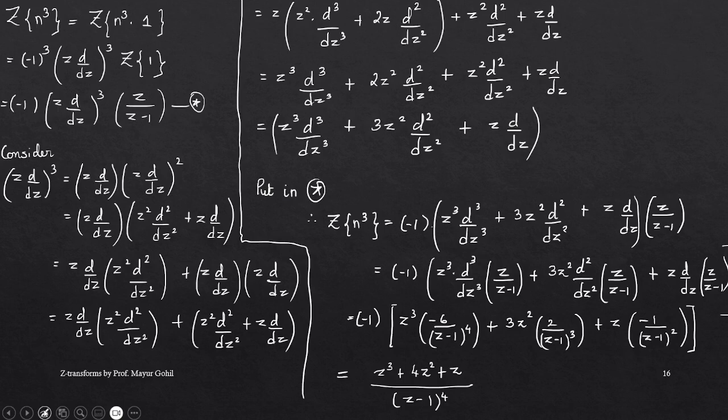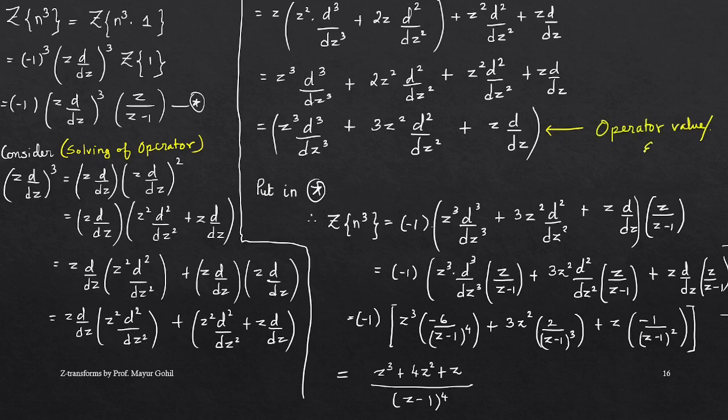This is where the operator value, or expression you can call it, you get, and then you get the answer. I hope you liked it. Please go through the entire procedure because this procedure is very important in advanced mathematics. You may need it in future classes and other concepts also.